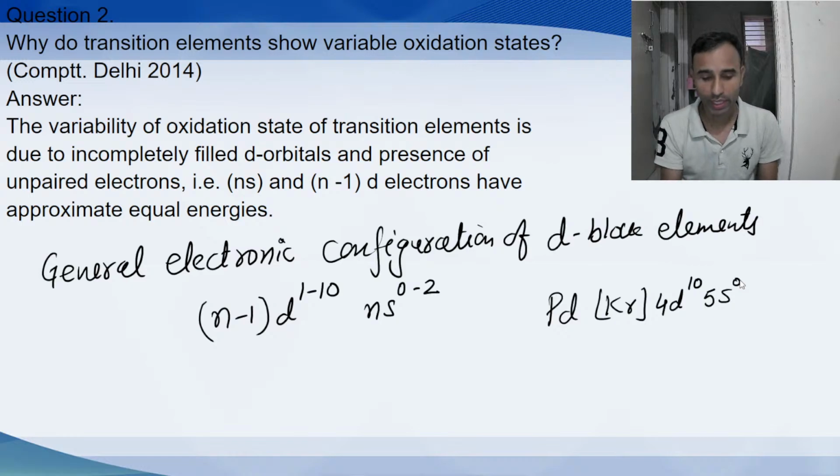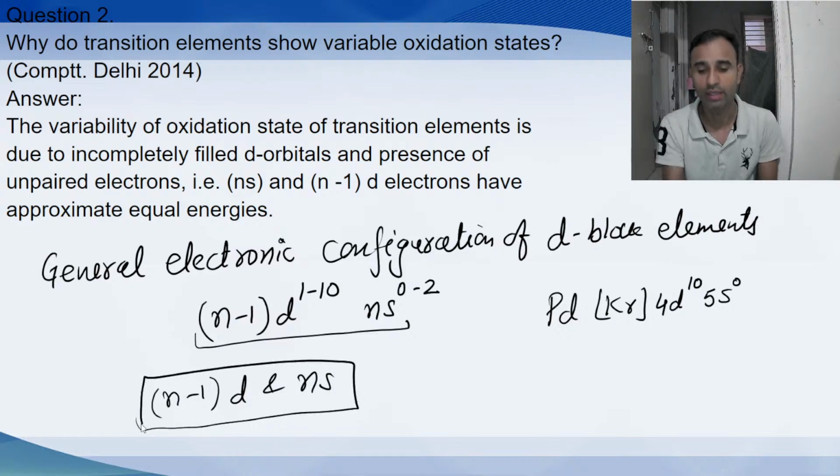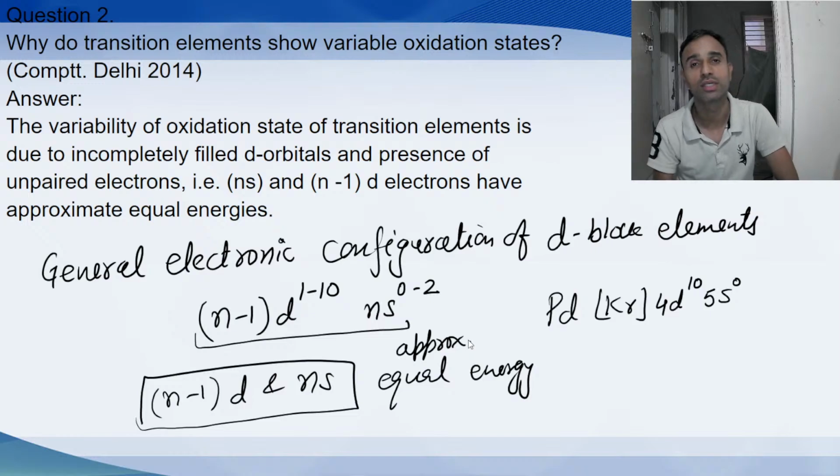So in case of transition elements, (n-1)d electrons as well as ns electrons, both are involved in bond formation. Because they have approximately equal energy, both are considered as valence electrons. That's why they have variable oxidation state.